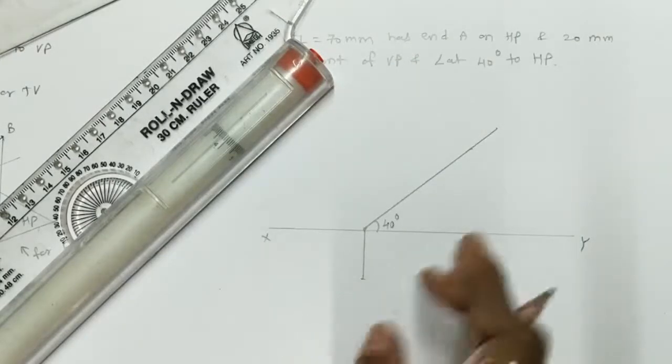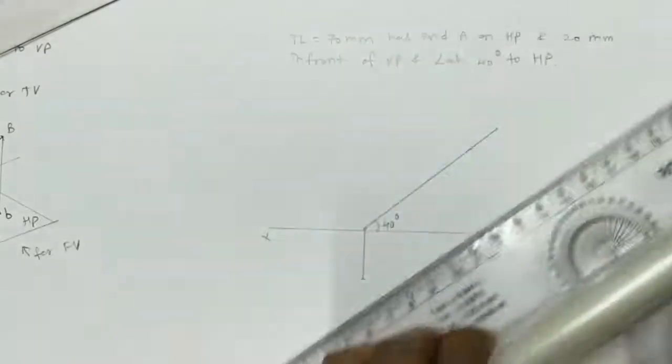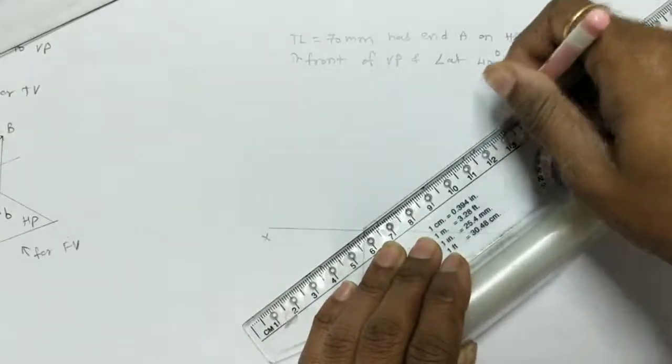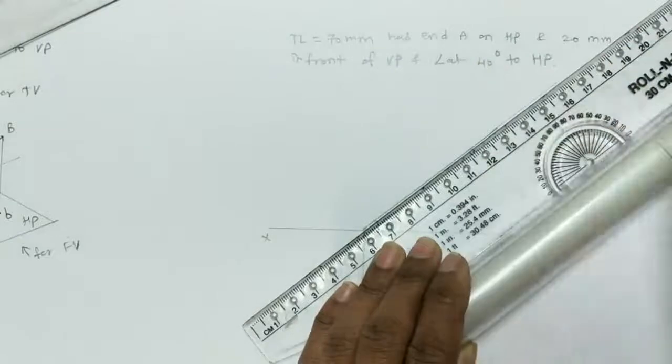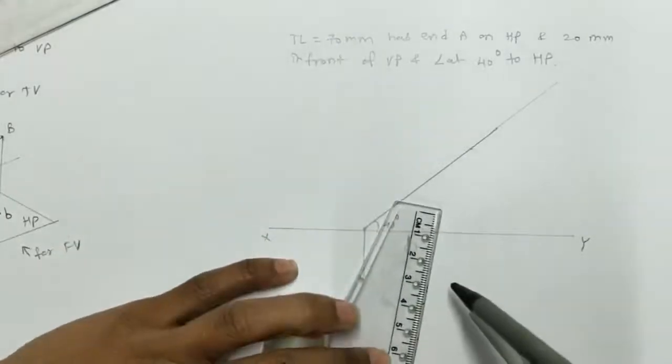So I have measured 70 distance on this line. Or you can draw this straight line, this inclined line which is having angle 40, and measure distance 70 in your rounder and then mark arc.